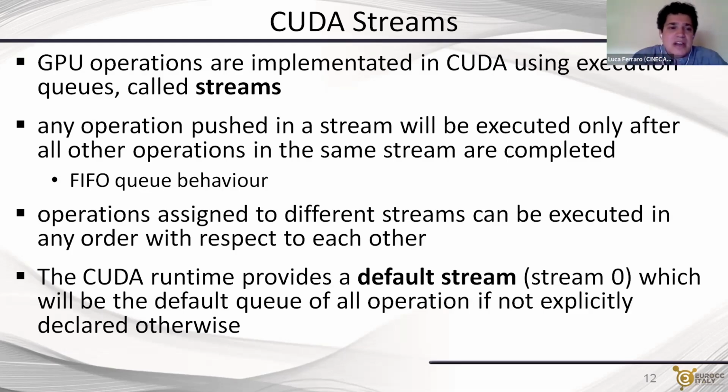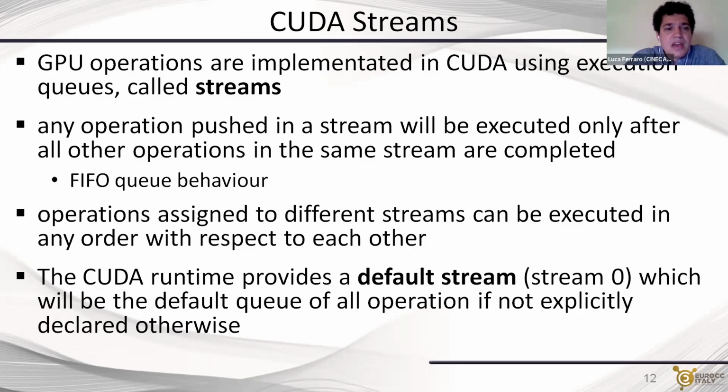So it follows the first in, first out queue behavior. If I say, please do this memcopy, then launch a kernel, then do this memcopy, all these three operations are pushed into a queue and will be executed in order.